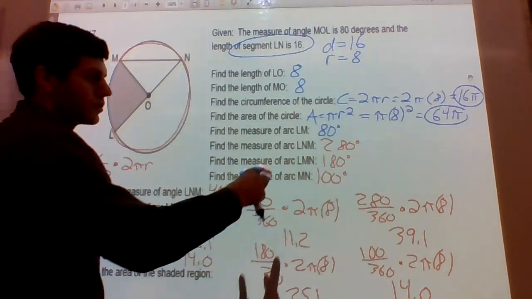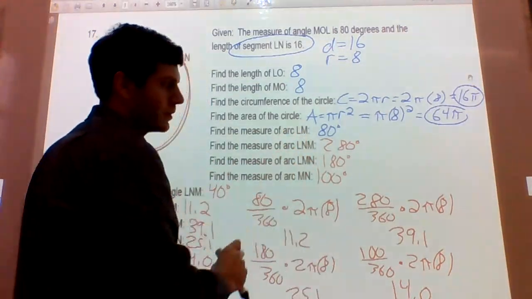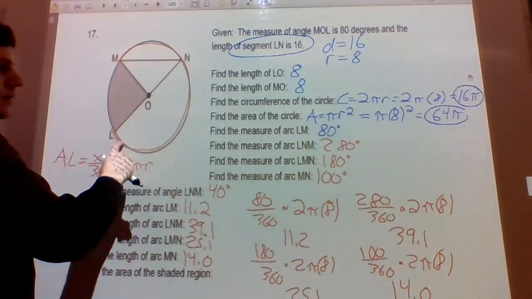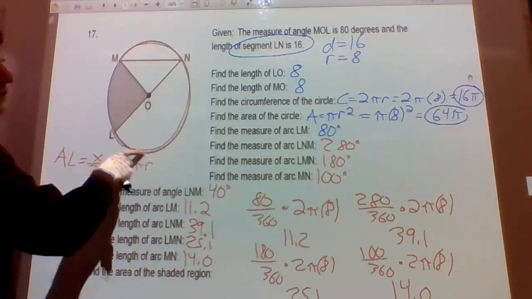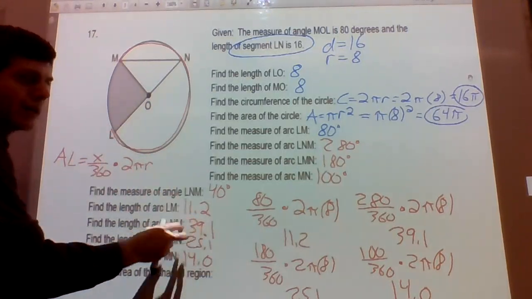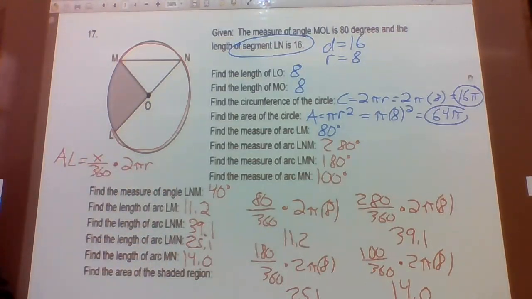So this is the degrees out of 360. How much of the circle are we talking about? Are we talking about what percent or what fraction of the circle? This is actually how long it is if you were to measure it. Okay, if you had a meter stick and you could bend it like a circle, how long is it?